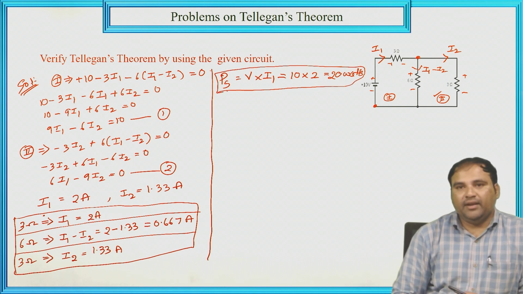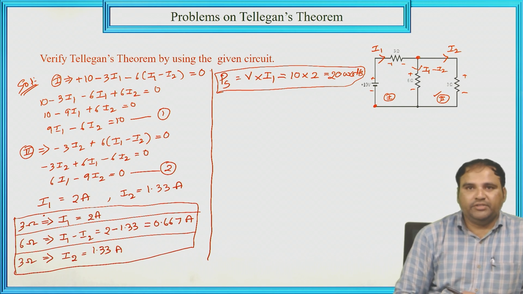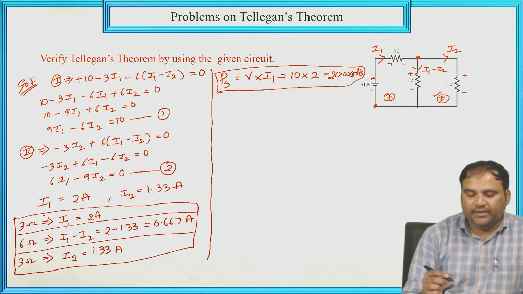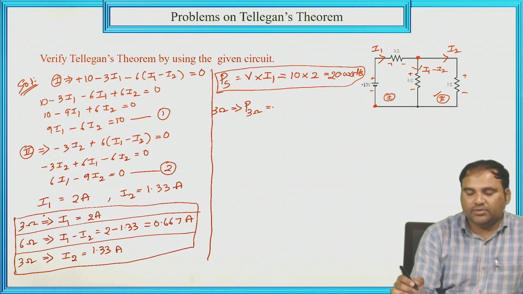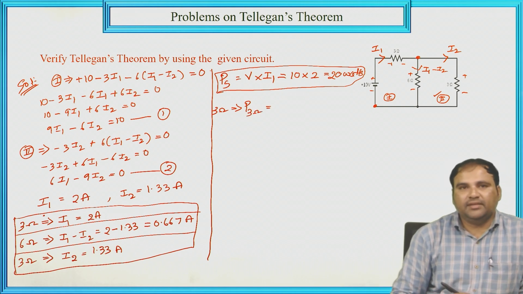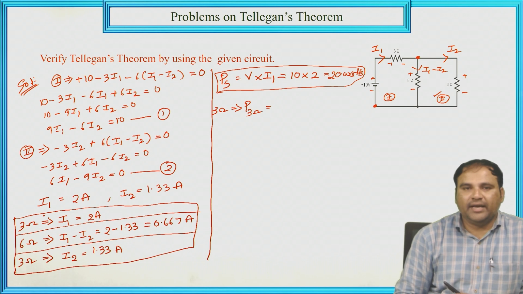Now we need to calculate the individual powers. So individual power through 3 ohm, 6 ohm and 3 ohm. Now here at 3 ohm, power, we already know the power equation: V into I, or I square R, or V square divided by R. Here I am using the I square R equation.